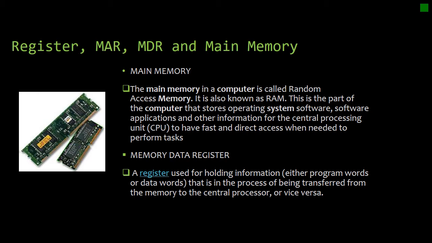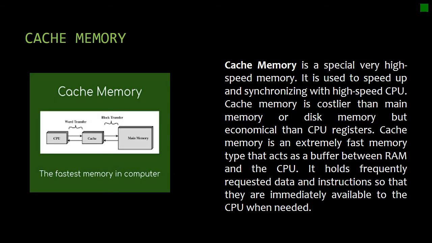This is the part of the computer that stores operating system software, applications, and other information for the central processing unit or the CPU to have fast and direct access when needed to perform a task. The memory data register is used for holding information, either a program or data, that is in the process of being transferred from the memory to the central processor or vice versa.